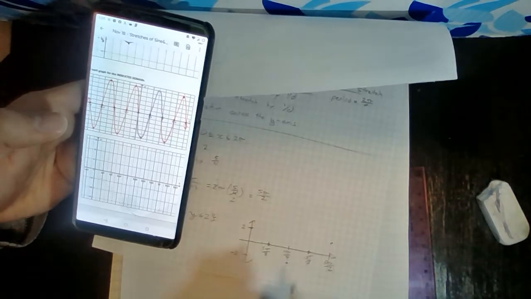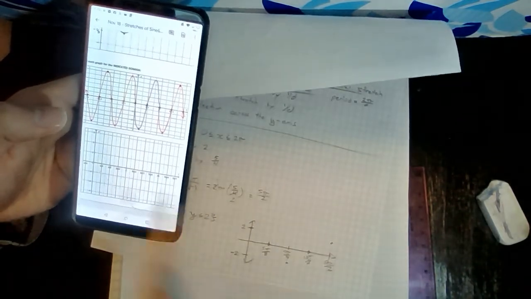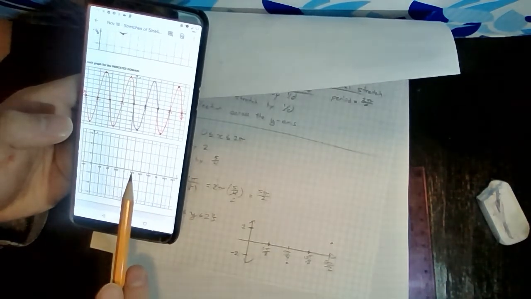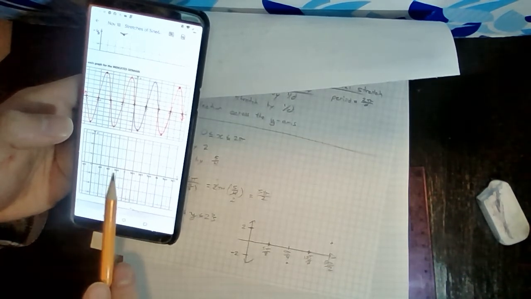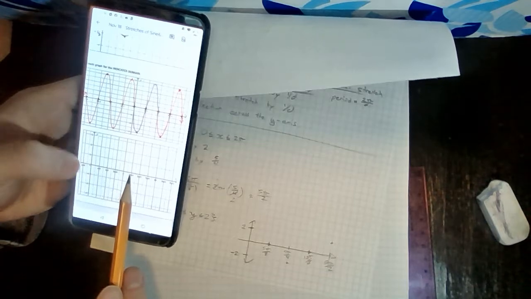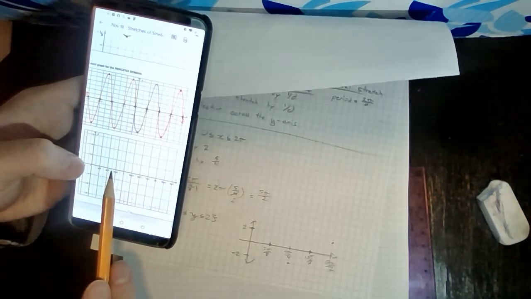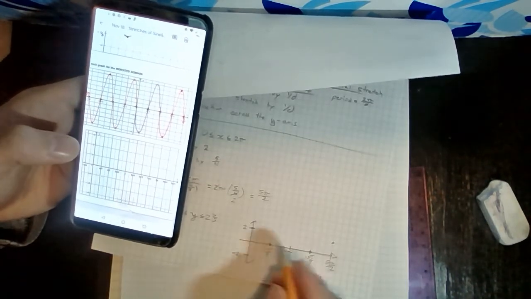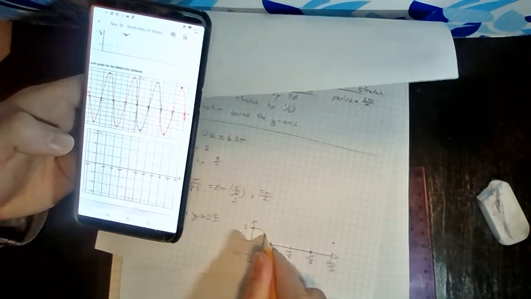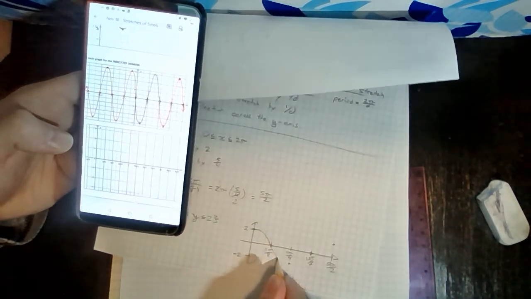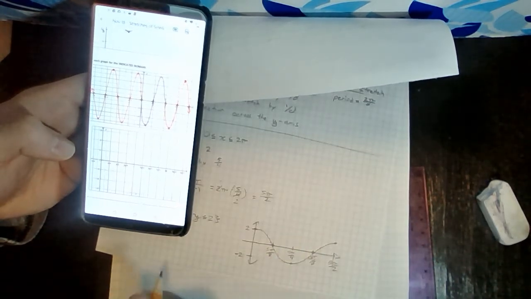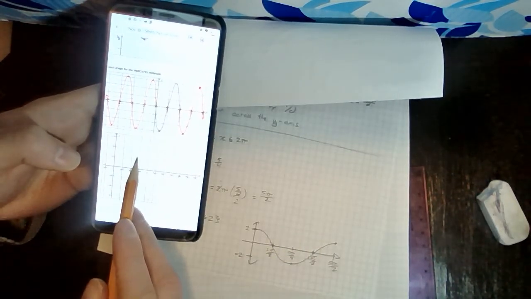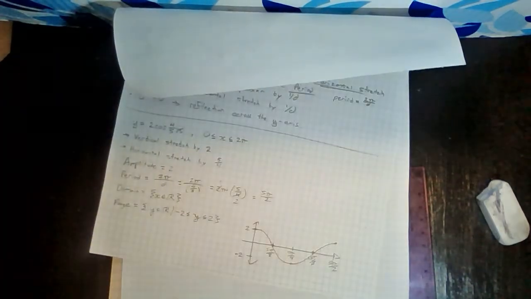So we can't quite use this method, but it's up to you. 5 pi over 2 is labeled, 5 pi over 4 is labeled, 5 pi over 8 is going to be halfway in between here, so right in the middle of pi over 2 and 3 pi over 4. We're still going to get this exact same shape. It'll just look a little bit different on this graph, but overall the same.